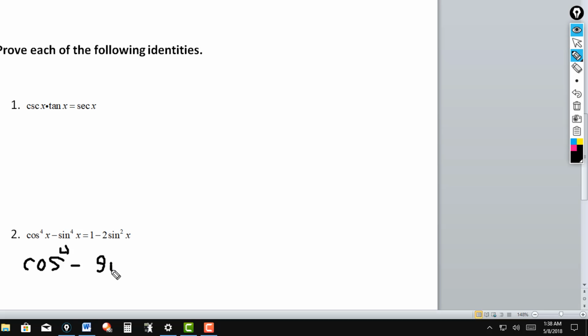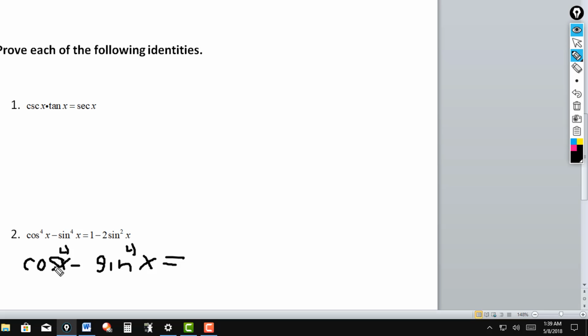So generally, you write out the side we're working with. So cosine to the fourth of x minus sine to the fourth of x is equal to, okay, so my objective is from this I want to get 1 minus 2 sine squared x.